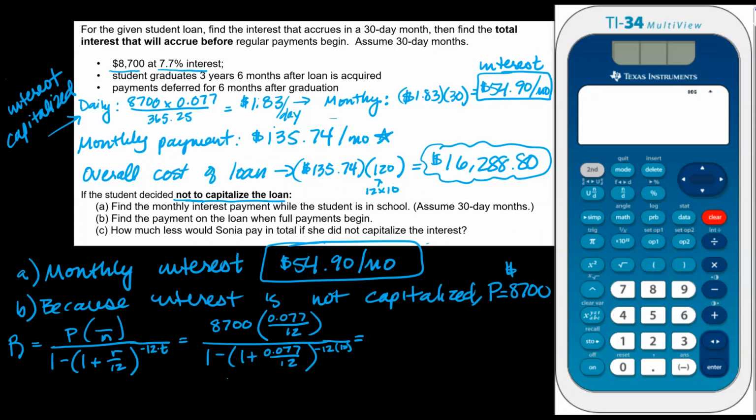So what I'm going to do is first do the numerator. So I'm going to do 8,700 times 0.077, and I didn't include that first zero, but it doesn't matter, it's the same number either way, divided by 12. And so it looks similar to how I have it written here. It's just these are not on top of each other vertically, but this divide sign means the same thing as this fraction.